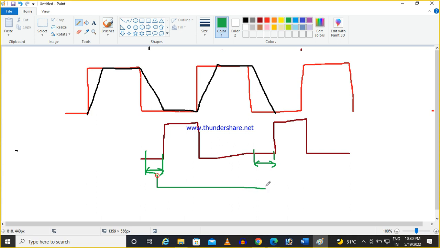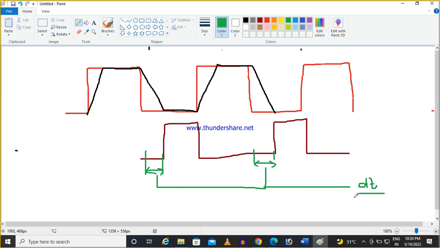This time is called dead time. In this period there should be a gap. That means no current will flow during this duration. So this is called the dead time.